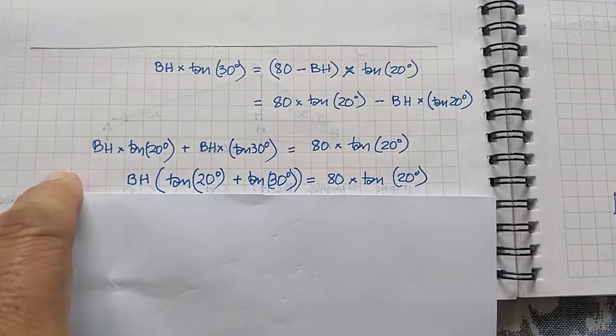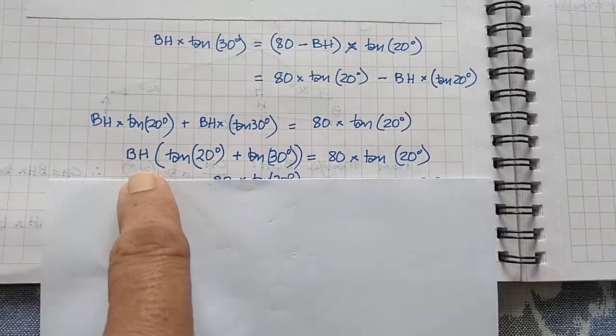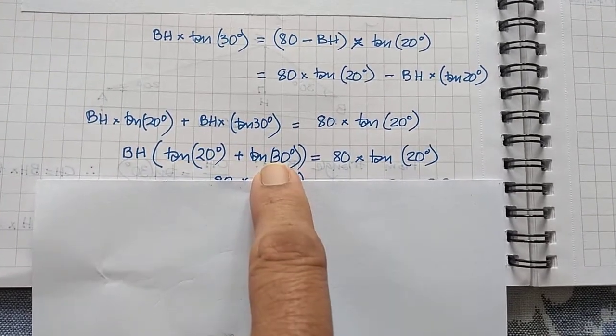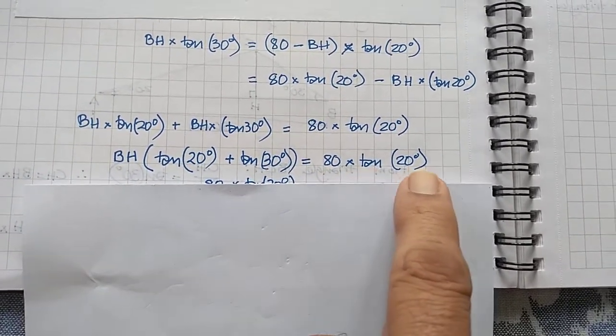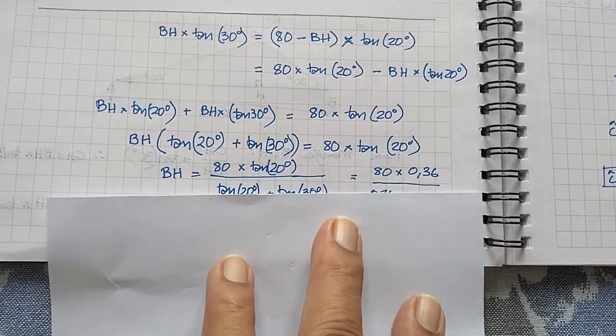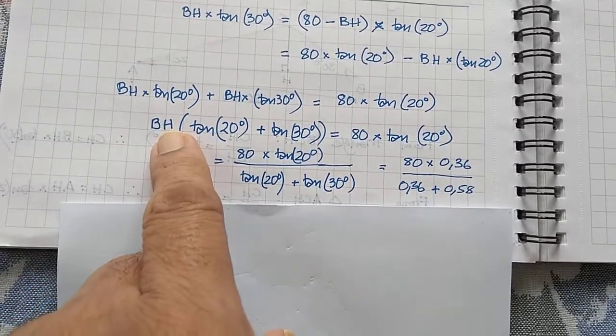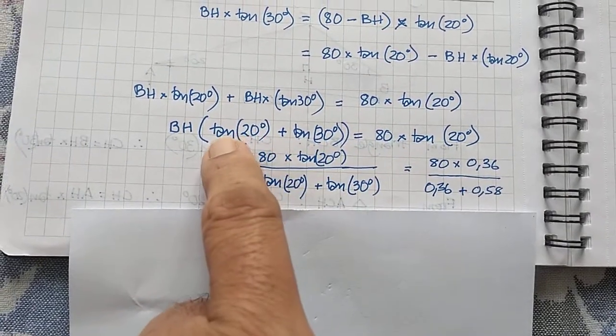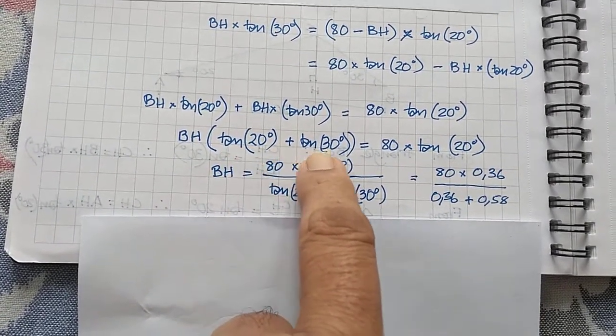So now I can factorize BH: BH into (tan 20 plus tan 30) is equal to 80 into tan 20. So from here BH is equal to 80 into tan 20 divided by (tan 20 plus tan 30).